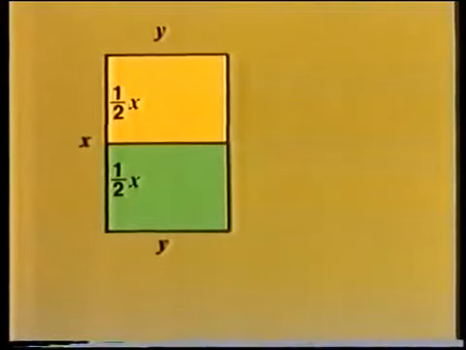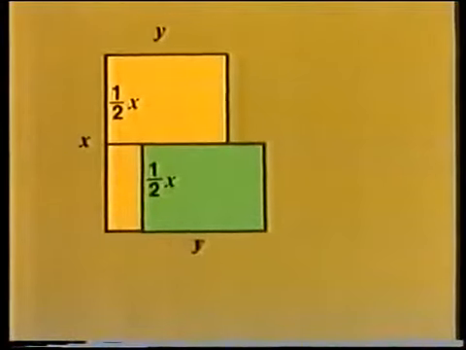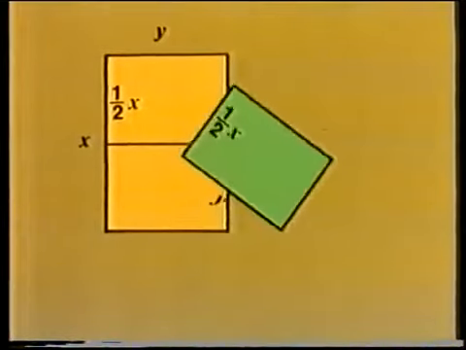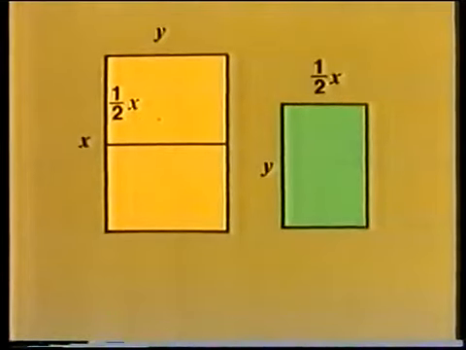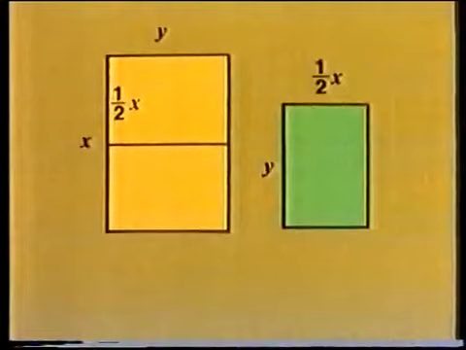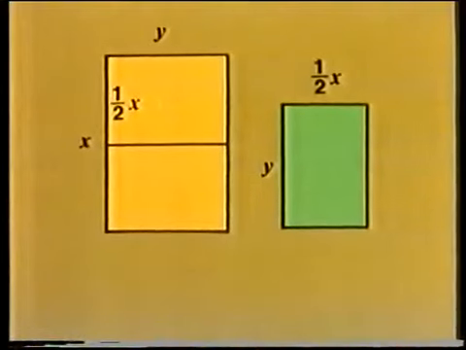Now let's take a copy of 1/2 and rotate it through 90 degrees. We want this piece to be the same shape as the original. We can express this algebraically by expressing the ratio of height to width in terms of x and y.